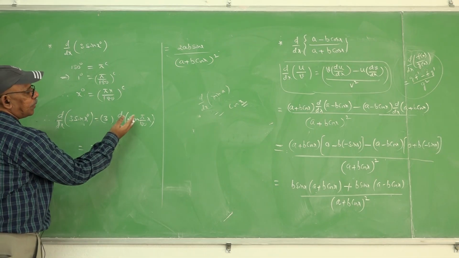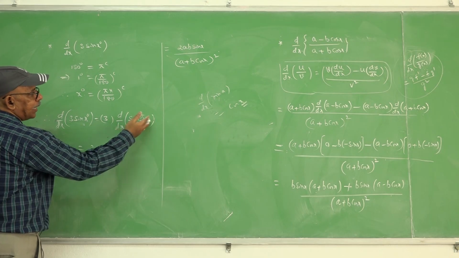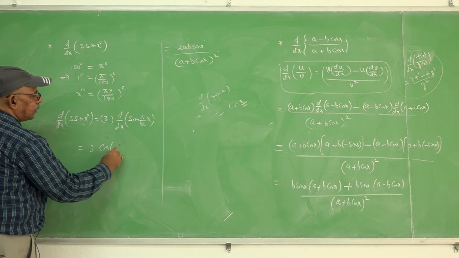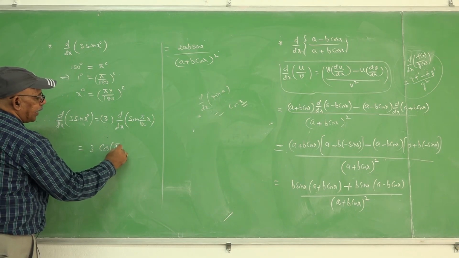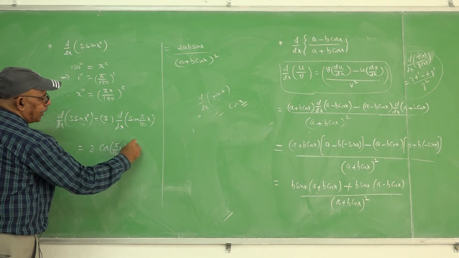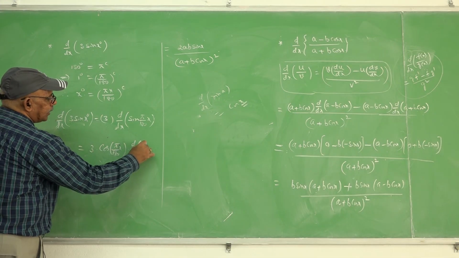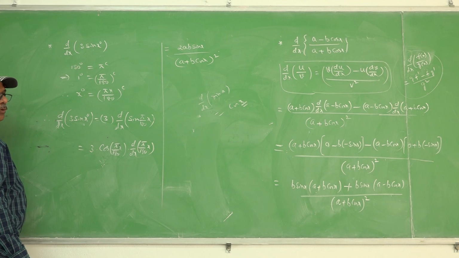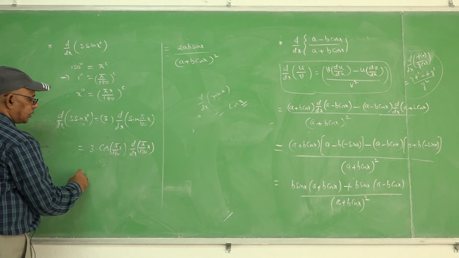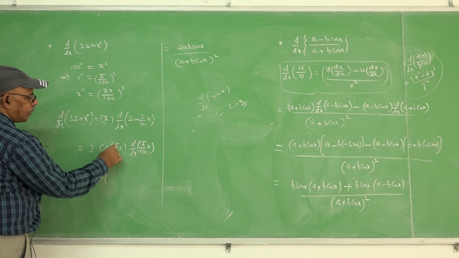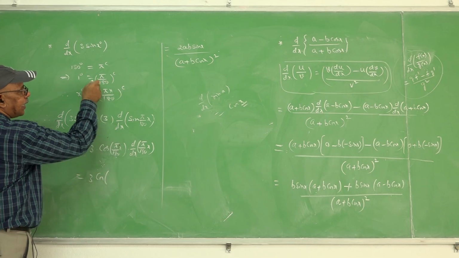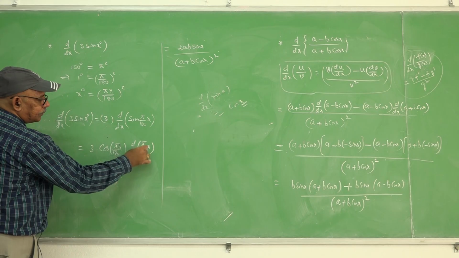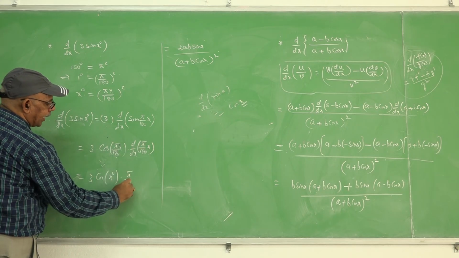This is of the form sin ax. For the sine function the derivative is cos of pi by 180 x into the derivative of the angle, which is also a function of x. The derivative of pi by 180 into x gives pi by 180 itself. Pi by 180 into x is x degrees, so you can write cos x degrees into pi by 180.